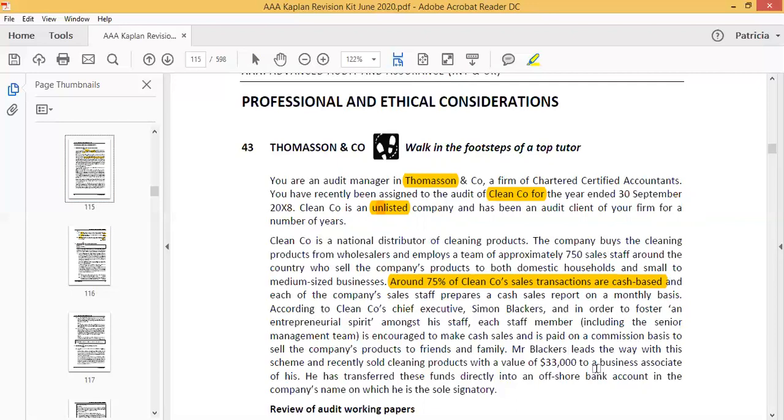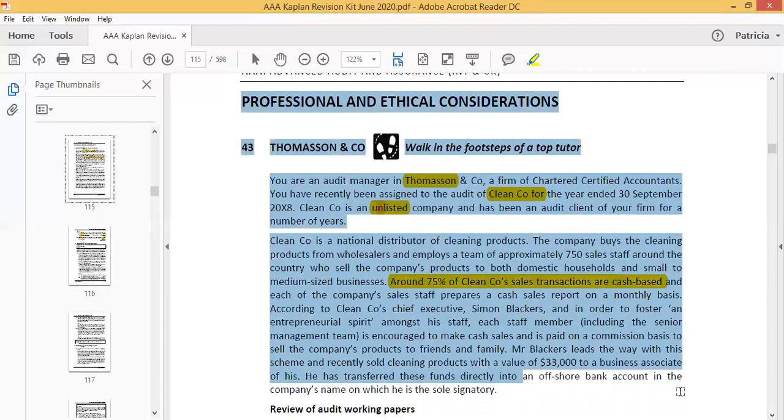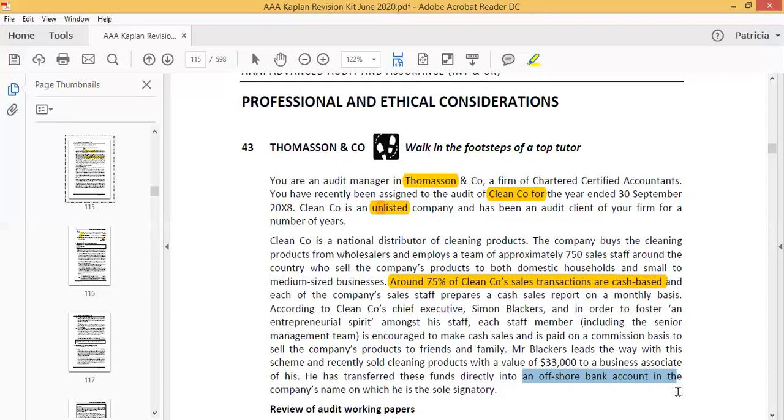Mr. Blackers leads the way with this scheme and recently sold cleaning products with a value of $33,000 to a business associate of his and has transferred these funds directly into an offshore bank account in the company's name on which he's the sole signatory, as you see here.